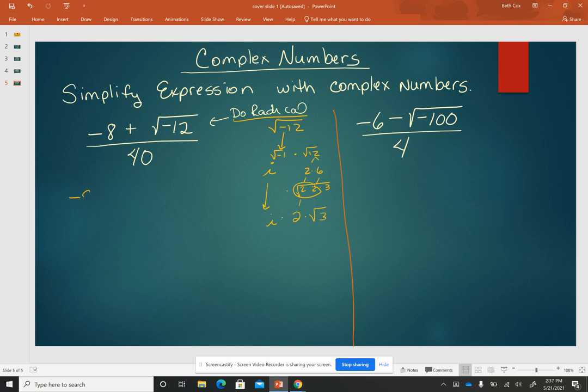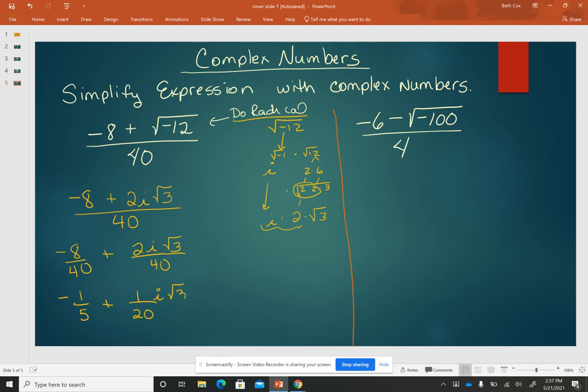So that's going to become -8 plus, I'm going to write it turned around, over 40. Break my fraction up. Reduce my fractions. And then I have i and square root of 3.